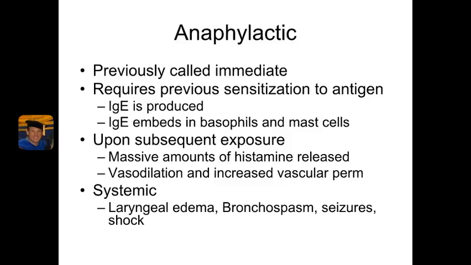That's going to cause a huge release of histamine into the body, and the end result is going to be vasodilation and increased vascular permeability. So the patient's going to have decreased blood pressure because of the vasodilation. They're going to have decreased blood volume due to the vascular permeability.